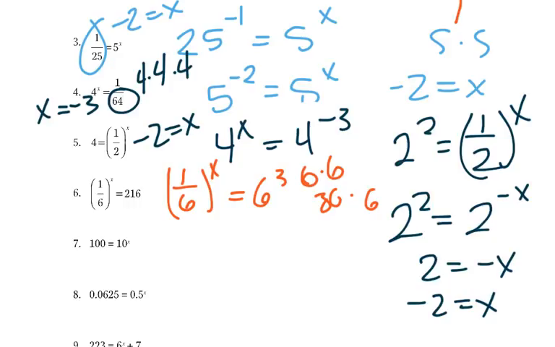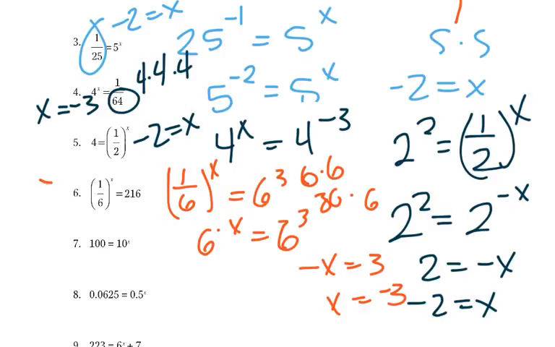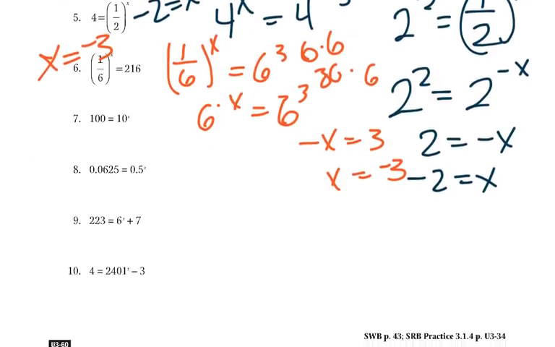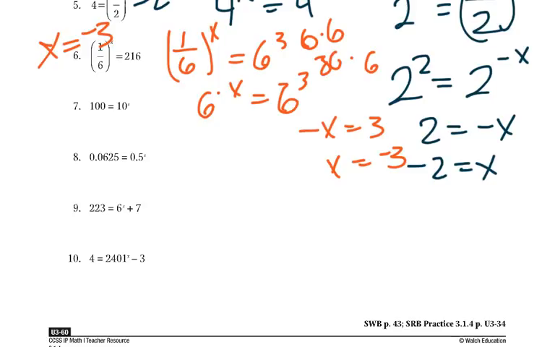So if I make that 6 to the negative x equals 6 to the 3rd, we get negative x equals 3, or x equals negative 3. Now number 7, 100. Well, 10 times 10 is 100, so 10 squared equals 10 to the x. So 2 equals x.